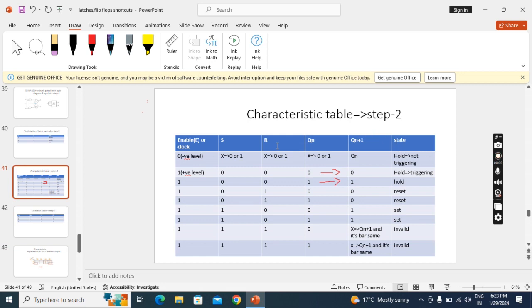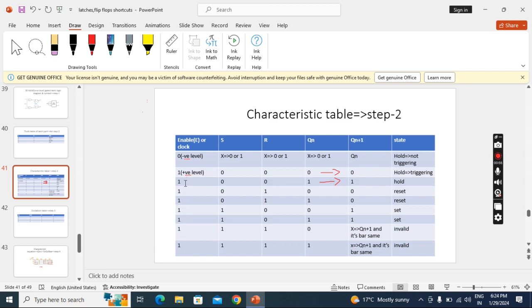In the characteristic table, generally we take the inputs and present state and then we predict the next state. The format is we take enable or clock. I mentioned this is positive level, so it will work whenever we apply 1.